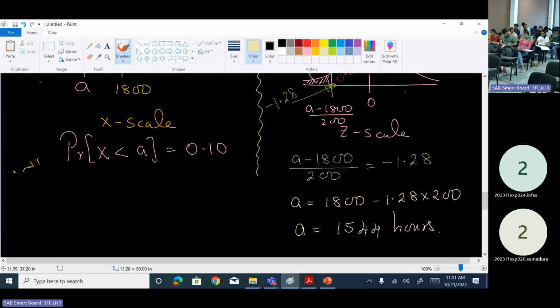So if the manufacturer says the warranty period is 1544 hours, then he has to repay 10%. 0.4, almost 10%.